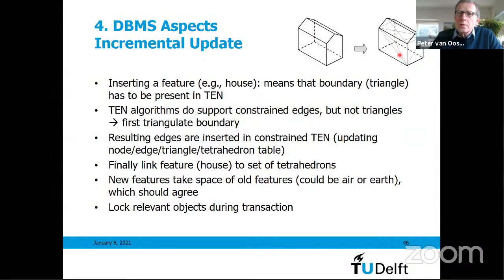We add some other edges to make triangles. And what we then do is we triangulate the boundary. There are algorithms. Then we insert the edges of the triangulated boundary in our TEN, by updating it via inserting nodes, edges, triangles, and tetrahedron tables. And after the insert, we connect the feature to the set of tetrahedrons.